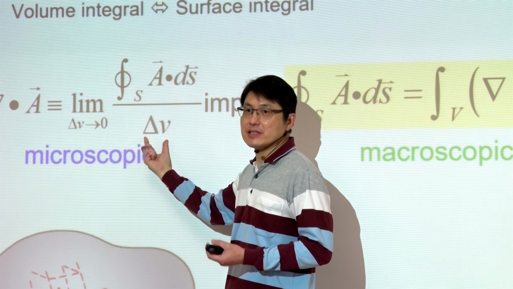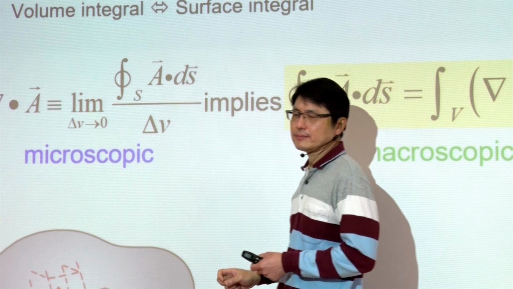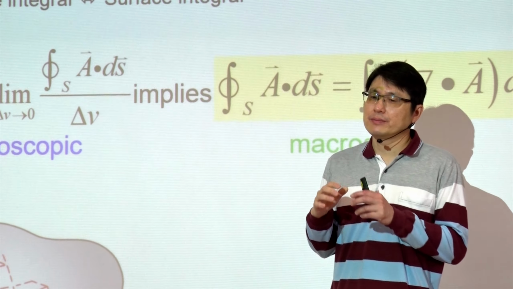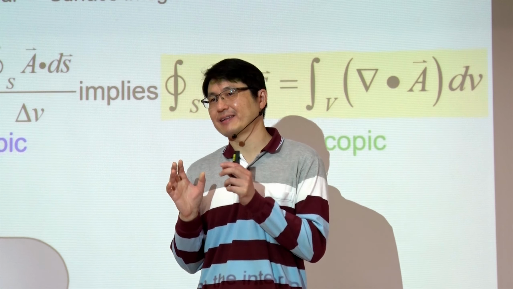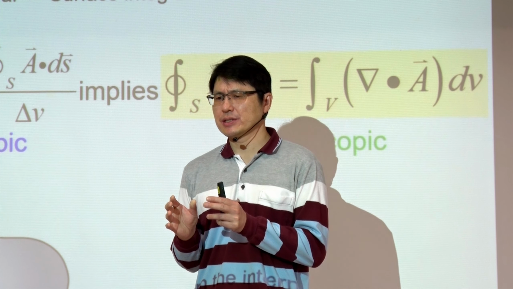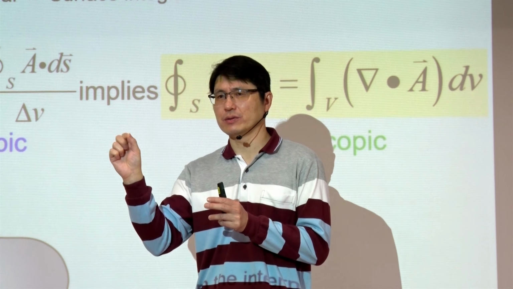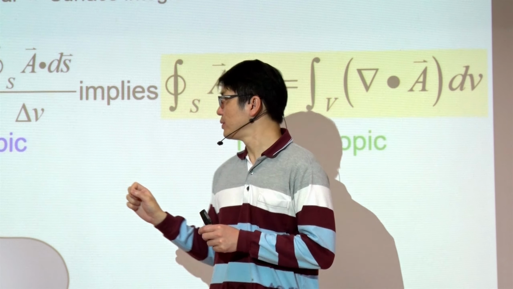So you have this limit, delta V approaching 0. Whenever we perform divergence on the vectorial field A, we're evaluating the flow in the microscopic sense.